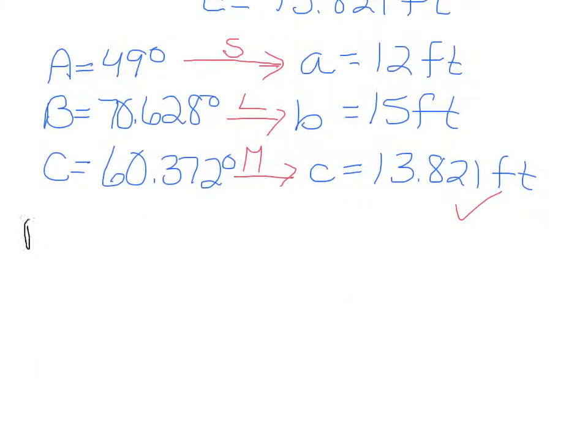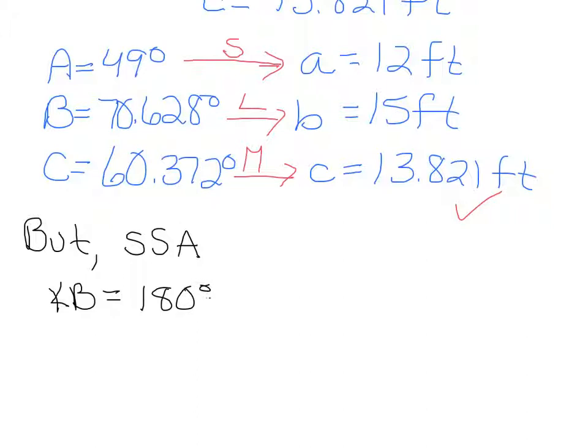Okay, but we were given side-side-angle, and it's possible that angle B could be obtuse. So let's look at angle B and discover, can it be an obtuse angle? 70.628 is an acute angle.